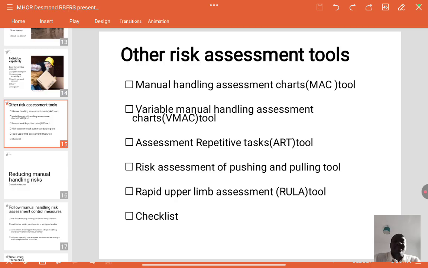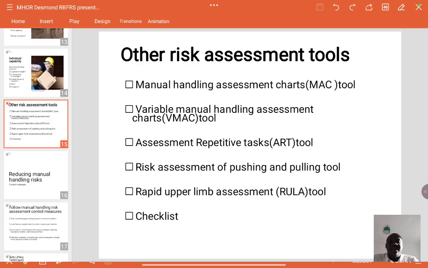Let's look at the other risk assessment tools. This would be discussed in detail in other presentations that we will come out with, but we just want to highlight some of the other tools apart from the key factors, that is the task, the load, the individual capability, and the environment considerations.